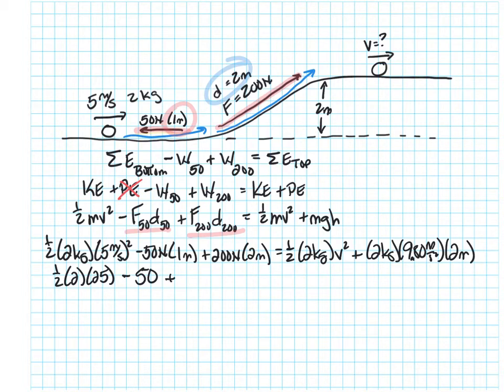Plus 200 times 2, getting rid of the units, 400. That equals 1/2 times 2, that's just 1 times v squared, so v squared, plus 2 times 9.8 times 2. So 2 times 9.8 times 2 is 4 times 9.8.